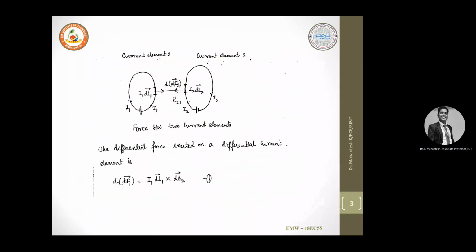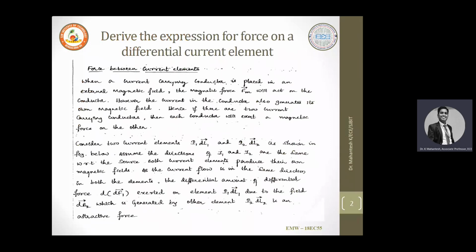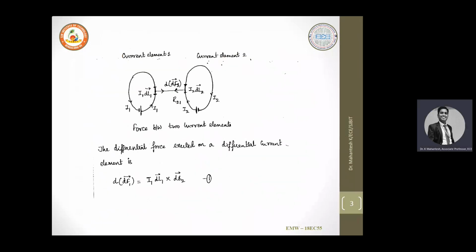The differential force exerted on element I1 dl1 due to the field dB2 which is generated by the other current element I2 dl2, usually an attractive force, is given by d(df1) = I1 dl1 cross dB2.